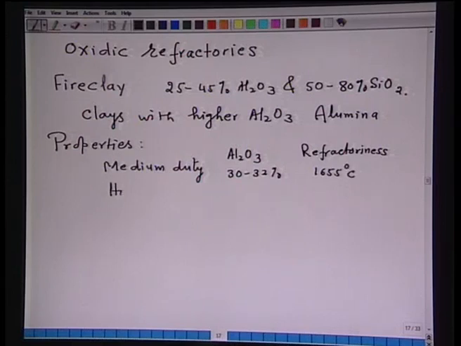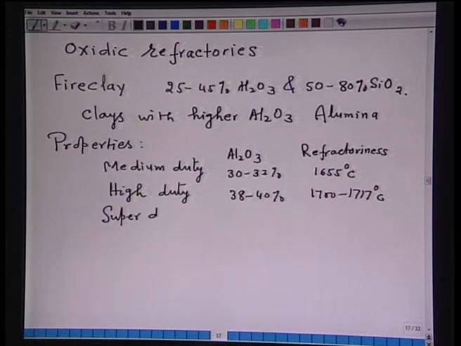High duty refractory, the Al2O3 content is 38 to 40%, the refractoriness is 1700 to 1717 degrees Celsius. Then super duty refractory, they have 42 to 45% and their refractoriness is 1743 to 1763 degrees Celsius.